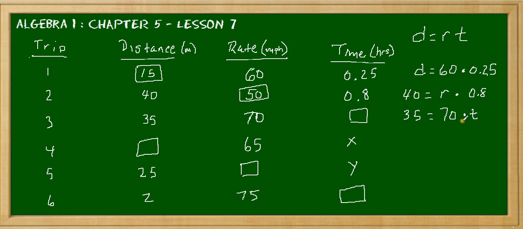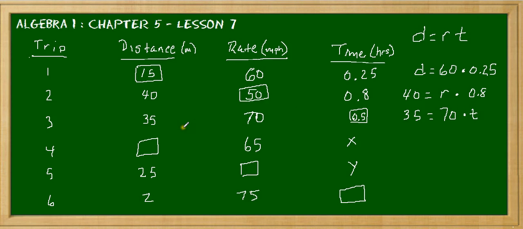We're solving for the letter t, and again, I would divide each side by 70, right? And 35 divided by 70 we know is 0.5. So let's just remove that, because we only have so much room on our board here. So 0.5 would be our answer here, and that's the time.